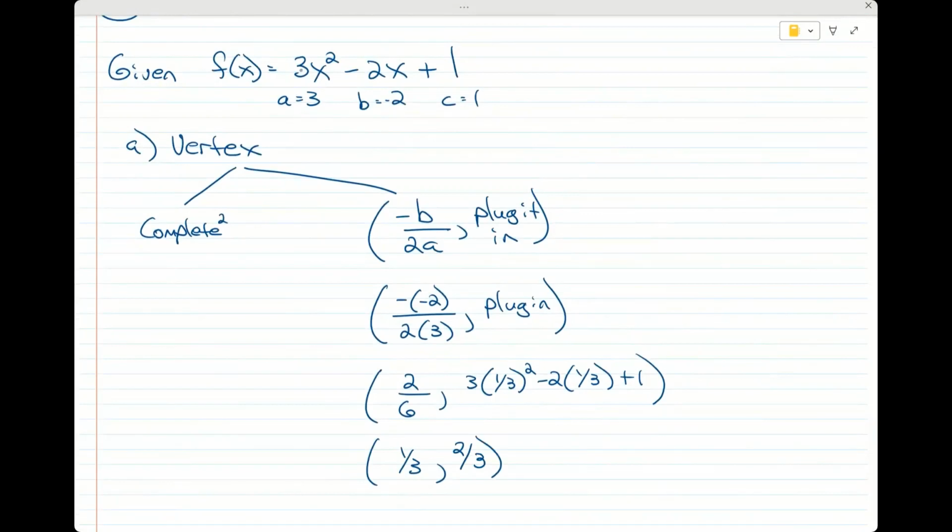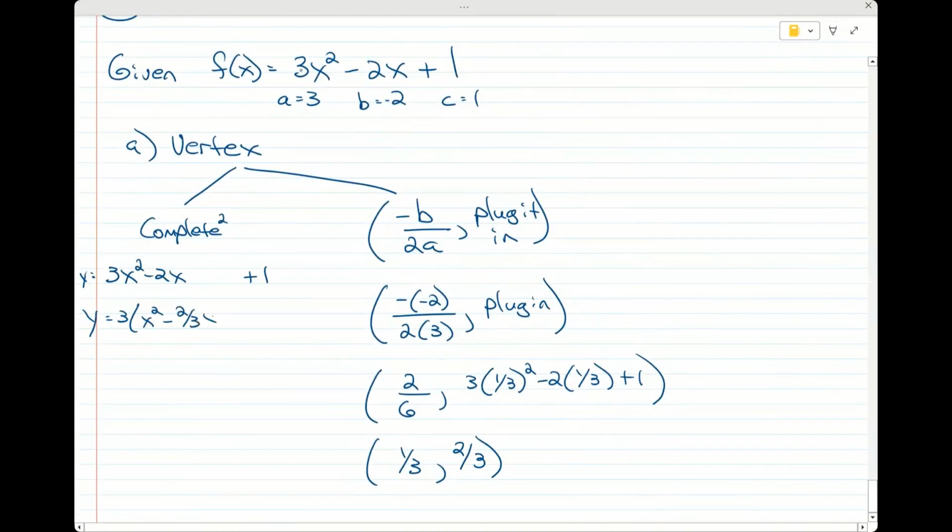That's the first step. Completing the square, what we do is we isolate the variables, factor out the leading coefficient, and then we take half of the middle and square it. So half of 2/3 is 2 over 6. 2 over 6 squared is 1/9.